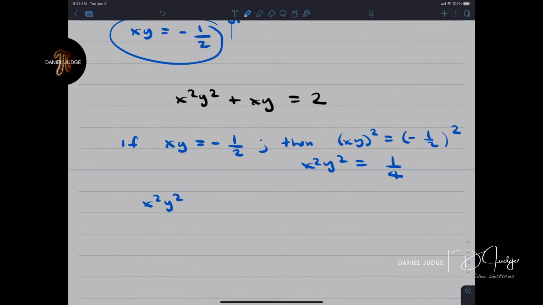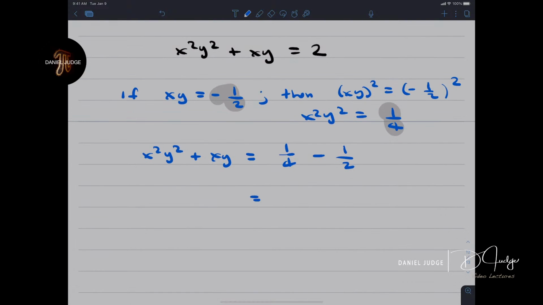And if I then take x squared y squared plus xy, using my assumptions, meaning 1/4 plus -1/2, I get 1/4 minus 1/2, which equals -1/4. So that is what I get by this assumption, and that's not possible for this question, because we know that it's supposed to equal 2.